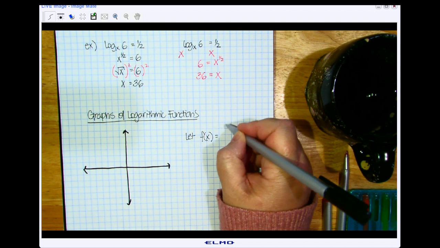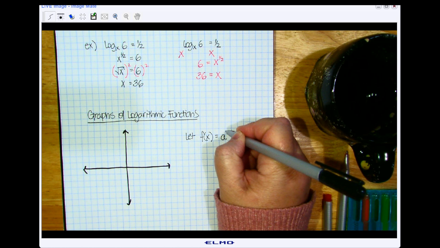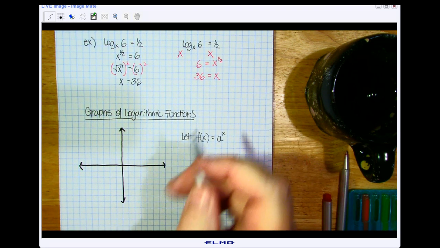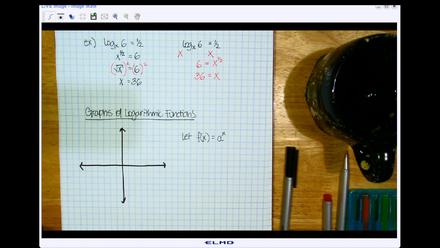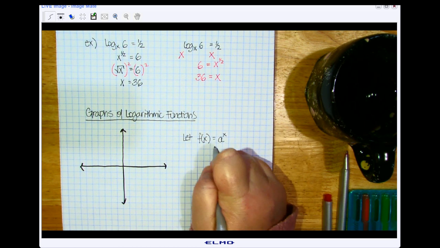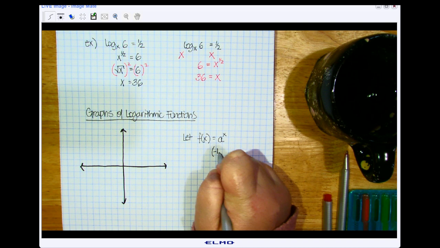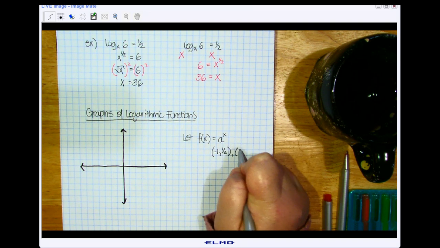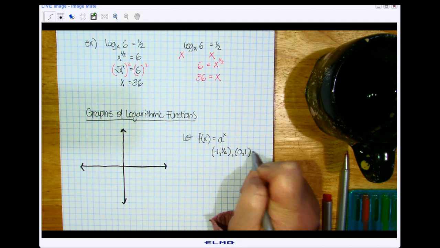So if we let f of x equal a to the x in an exponential function, do you remember that in an exponential function, what we were doing previously, there were 3 generic points that I always had us do. We did a -1 with a 1 over a. We did a 0 with a 1.